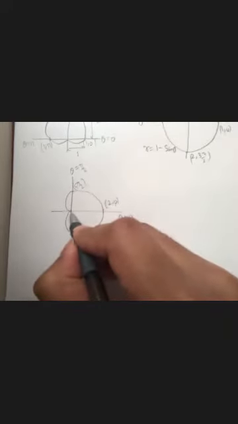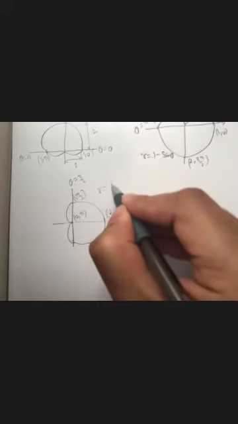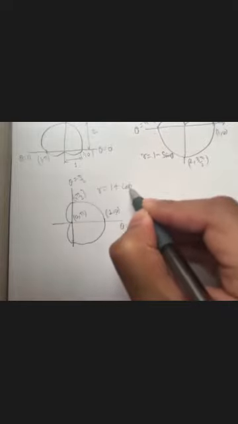And then 1 comma pi over 2, and then here you have 0 comma pi. So you have 2, 1, 0. So this is the curve 1 plus cos theta. When theta is 0, it's 2. Theta pi over 2 is 1. Theta pi is 0. So this is r equals 1 plus cos theta.